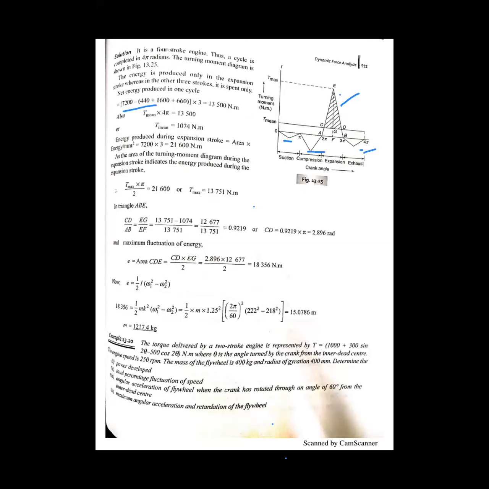So that is 7200 minus (440 plus 1600 plus 660), times 3, because each mm square equals 3 Newton meter, as they said in our problem description. So the net energy produced in one cycle is 13,500 Newton meter.